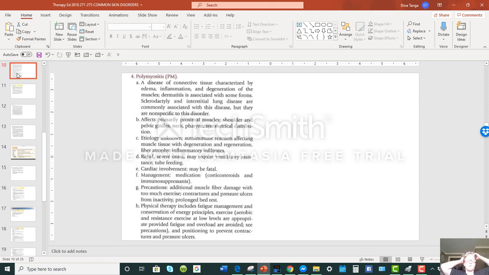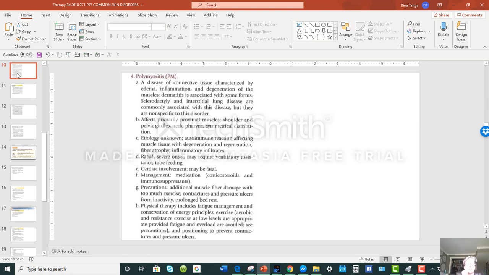Affects primarily proximal muscles, shoulder and pelvic girdles, neck, pharynx, and symmetrical distribution. Etiology unknown. Autoimmune reaction affecting muscle tissue with degeneration and regeneration, fiber atrophy, inflammatory infiltrates.